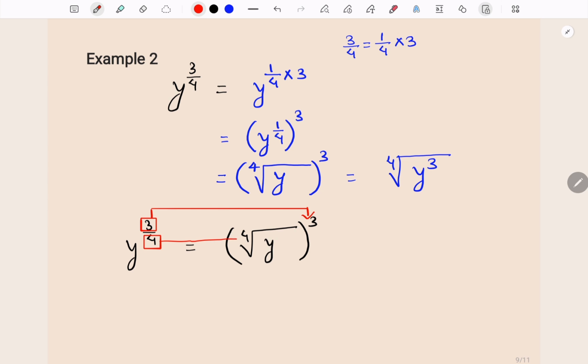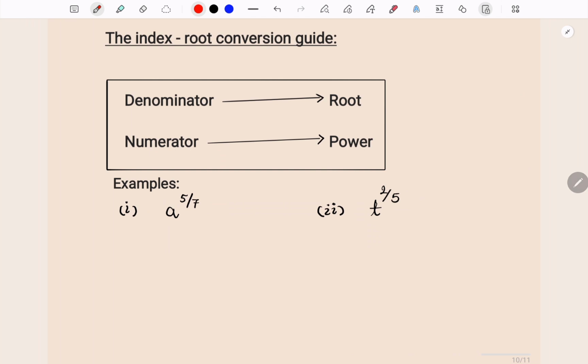This became the root. So that is why the index root conversion guide says that the denominator becomes the root and the numerator becomes the power. It helps us to solve such questions with ease.